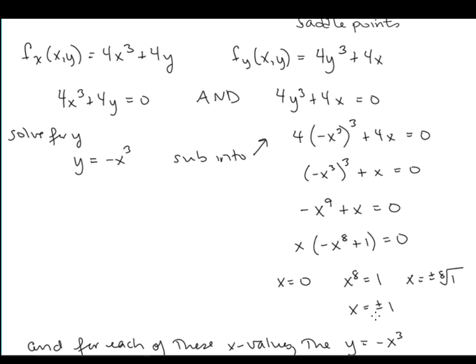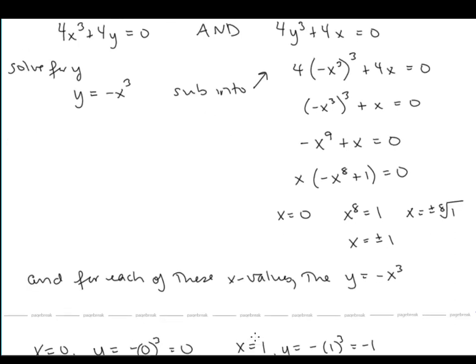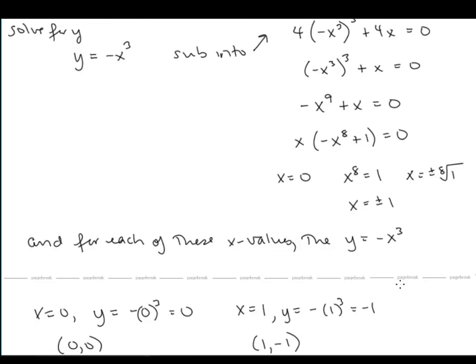But now what's the y going to be? Well, keep in mind that the relationship we have between x and y is y is equal to negative x to the third. That's how we were able to solve for x. So for each of these x values, the corresponding y value is negative x to the third.